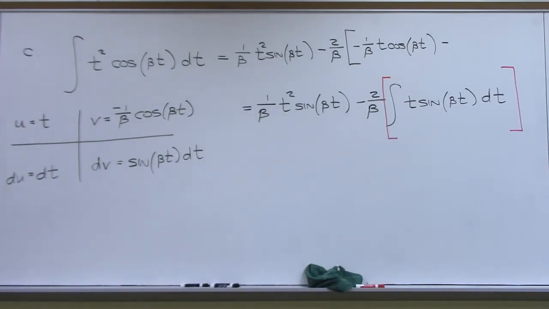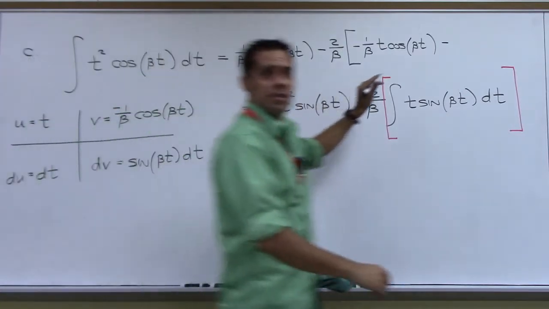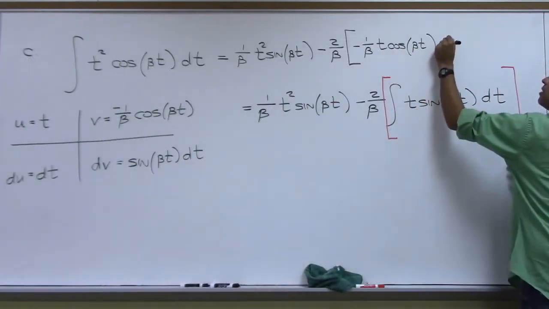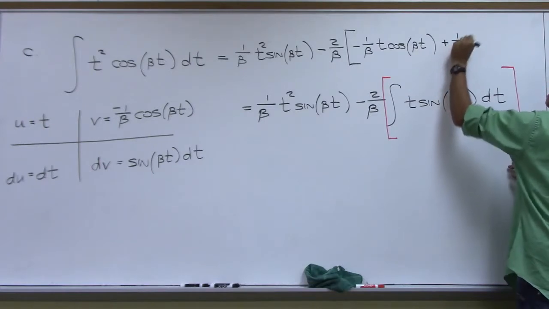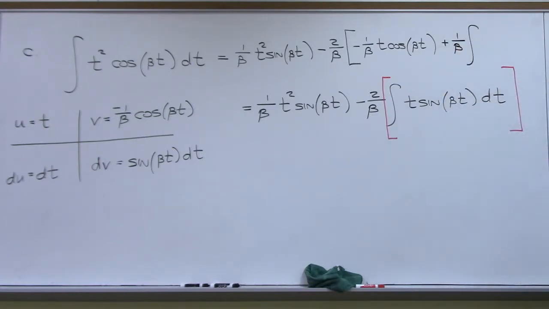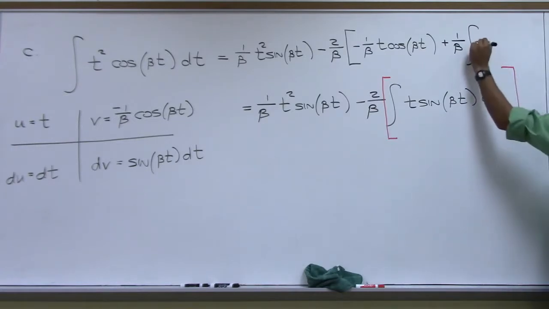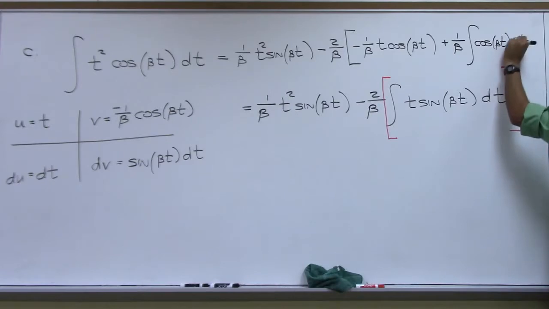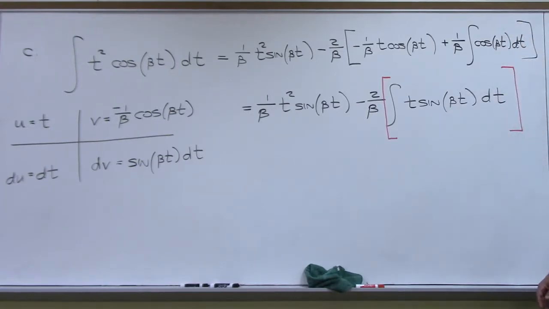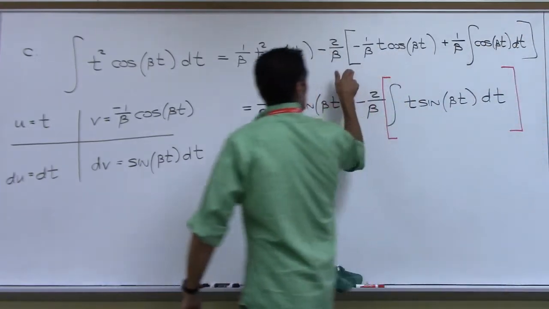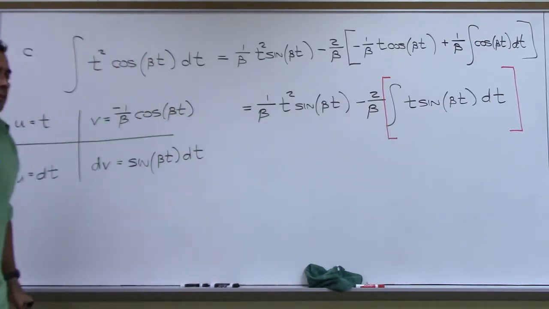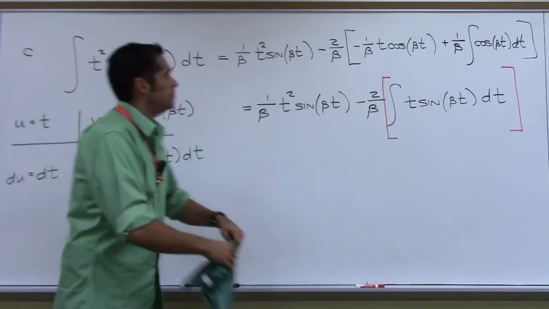It'll change everything to a plus, yes. You want to do that? Plus 1 over beta, integral still. Okay, keep going. And then cosine beta t, and then that's it. Bracket closed, right? Because remember that bracket was right here? Good.